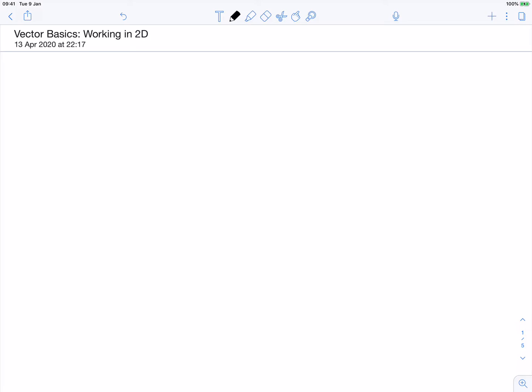I think vectors are underplayed at GCSE, and I think for the normal A-level maths course it actually has been taken a step back.